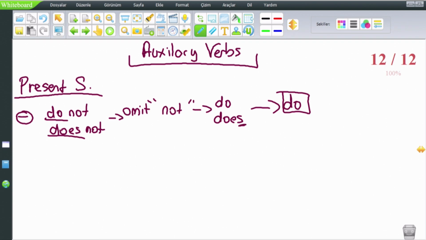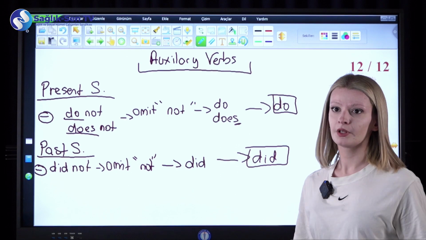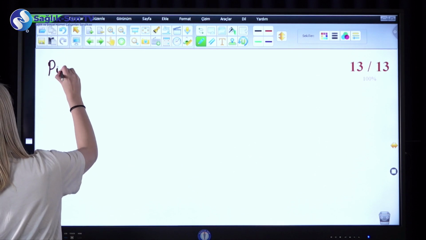Let's have a look at, for example, past simple. In this case, in the negative sentence, we use did not. We are going to omit not. We are left with did. It doesn't change depending on the subject, so this is my auxiliary verb. Let's have a talk about present perfect.